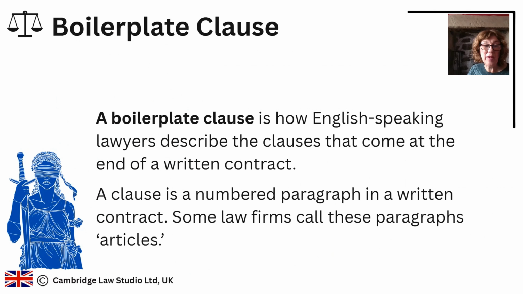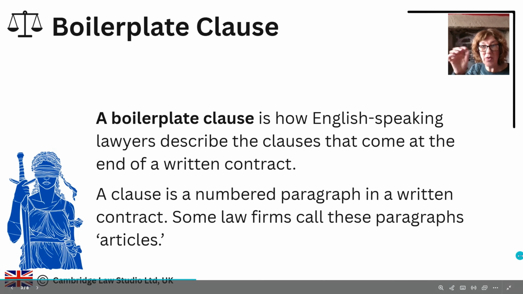Boilerplate clause. A boilerplate clause is how English-speaking lawyers describe the clauses that come at the end of a written contract. A clause is a numbered paragraph in a written contract. Some law firms call these paragraphs articles. So a clause in a contract is a numbered paragraph.